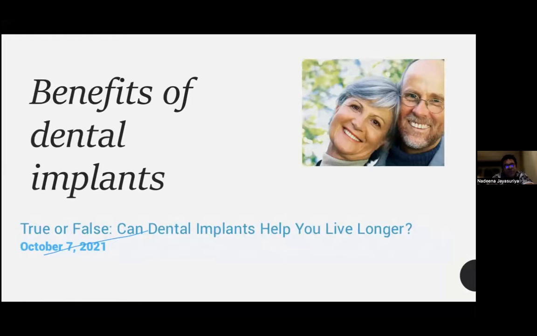Once I went to a conference abroad, and in a research session, one guy got up and showed a research that they have done. And in that it showed people who have dental implants in their mouth live longer. Bit interesting, but that's what it said.